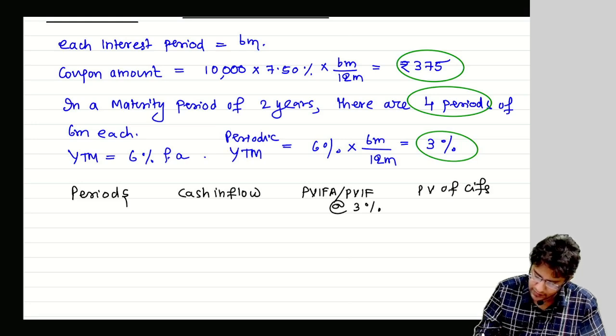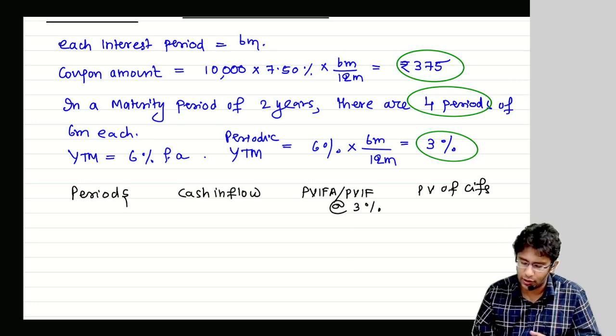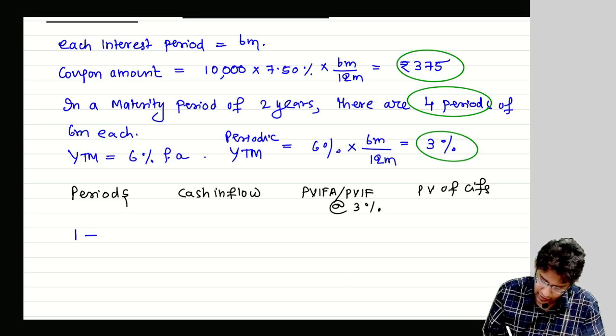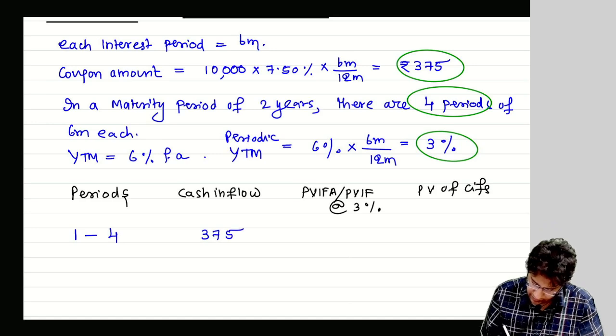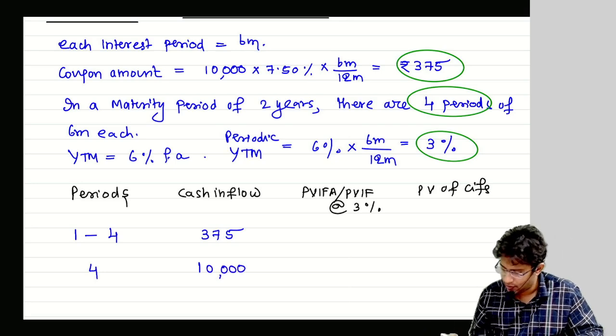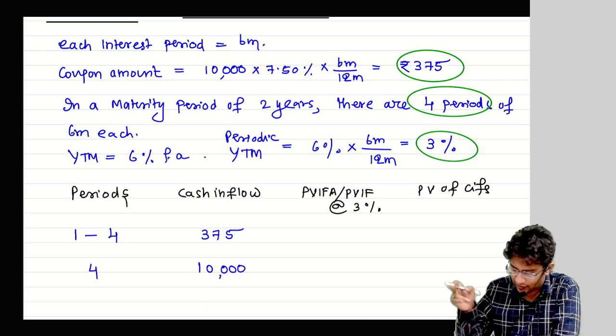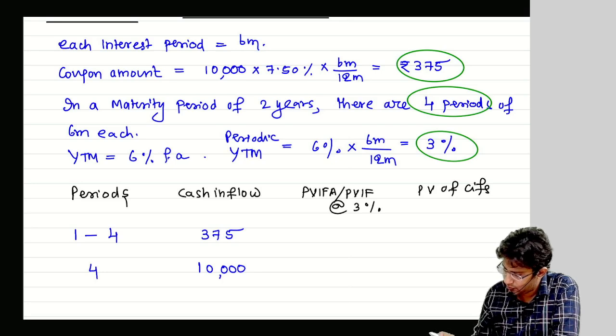PV of cash inflows. For your next 2 years, or next 4 periods, your coupon amount is the same. I can confidently write 1 to 4. Coupon amount is 375. At the fourth period ending, par value 10,000. Tell me, sir, 3% annuity factor for 4 periods. 1 divided by 1.03. First, let us write this.